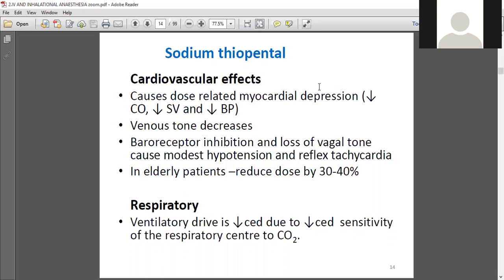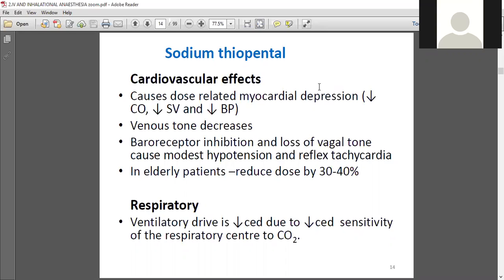So you can give it with caution in certain cardiac diseases, but if the patient has a severe cardiac problem or has experienced shock in a short duration, you do not give sodium thiopental for induction of anesthesia. We shall see the indications and contraindications. Are we together, people? Yeah.